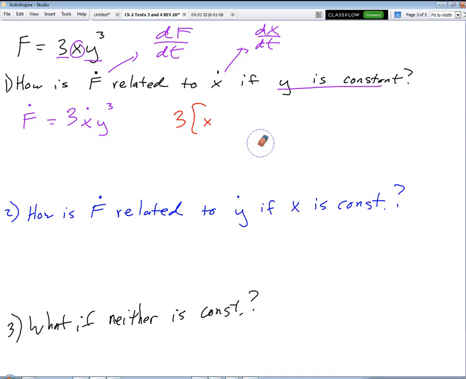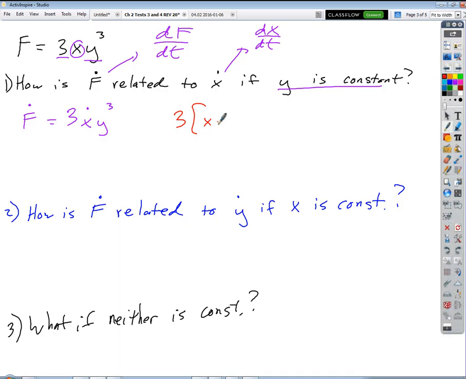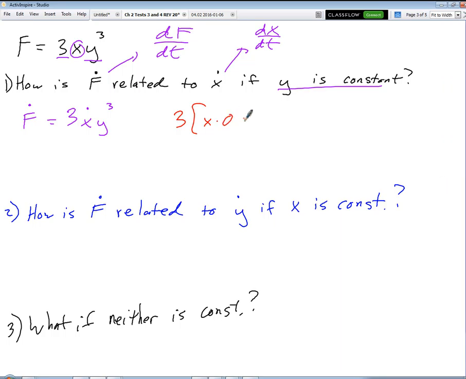So that would have been 3 times the quantity x times 0 plus y cubed times x dot. Everybody agree? By the product rule, I just do first times the derivative of the second, which was 0, plus second times the derivative of the first. Well, we're differentiating with respect to t, so that x would just be an x dot. So we would have ended up with f dot equals that.